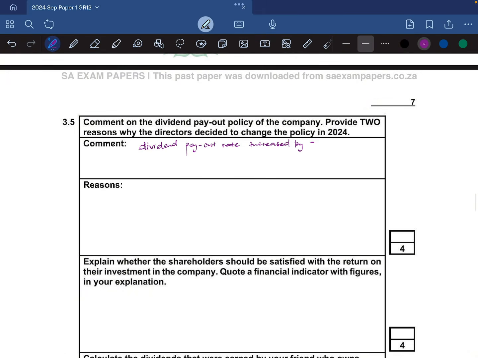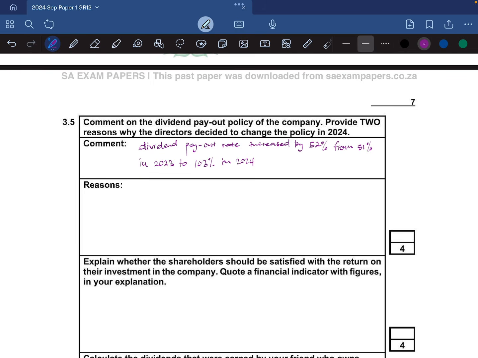Increased by 52% from 51% in 2023 to 103% in 2024. So that's quite a big jump, almost double. Now we need to talk about the reasons why we would pay out so much to our shareholders.